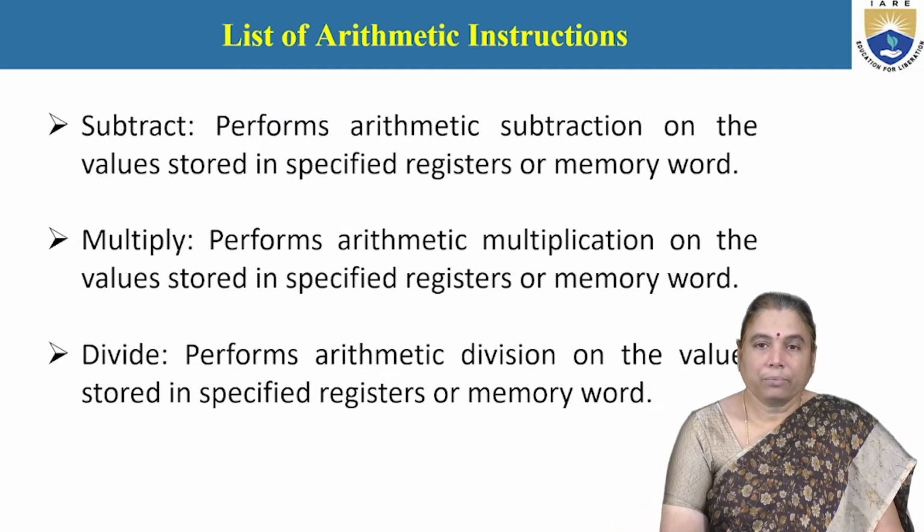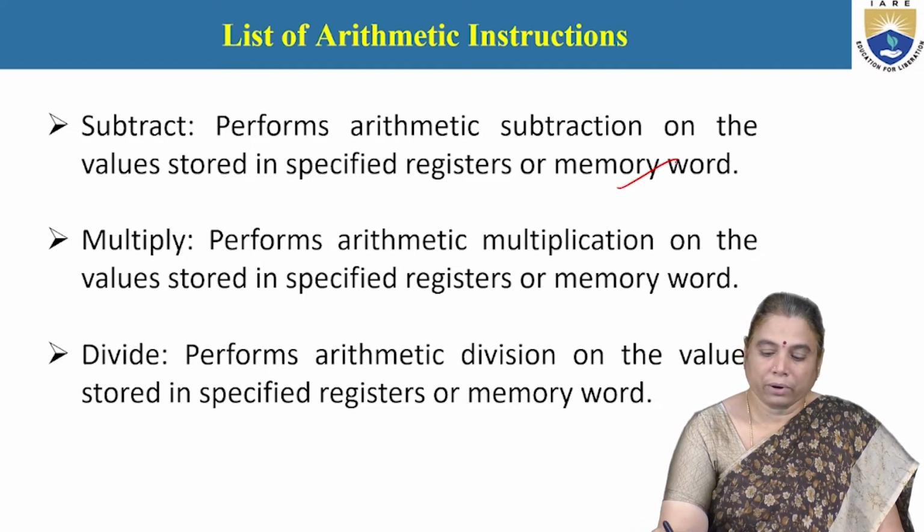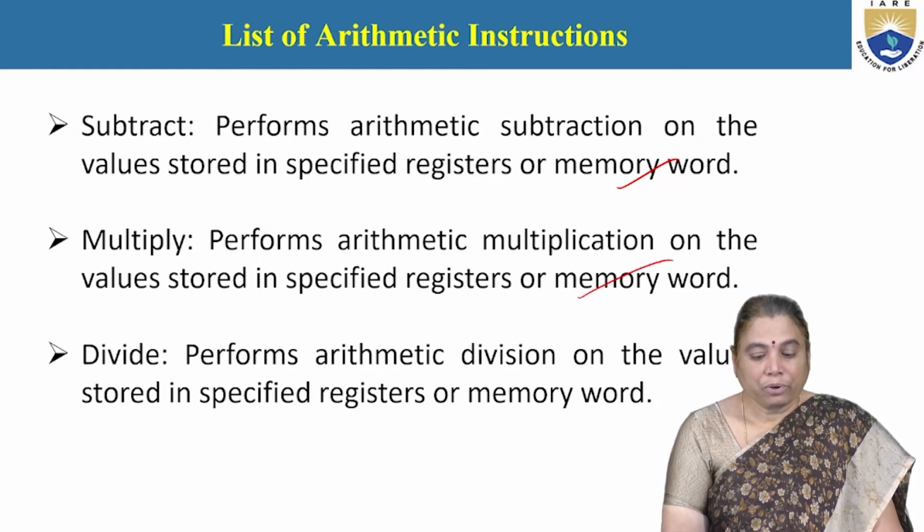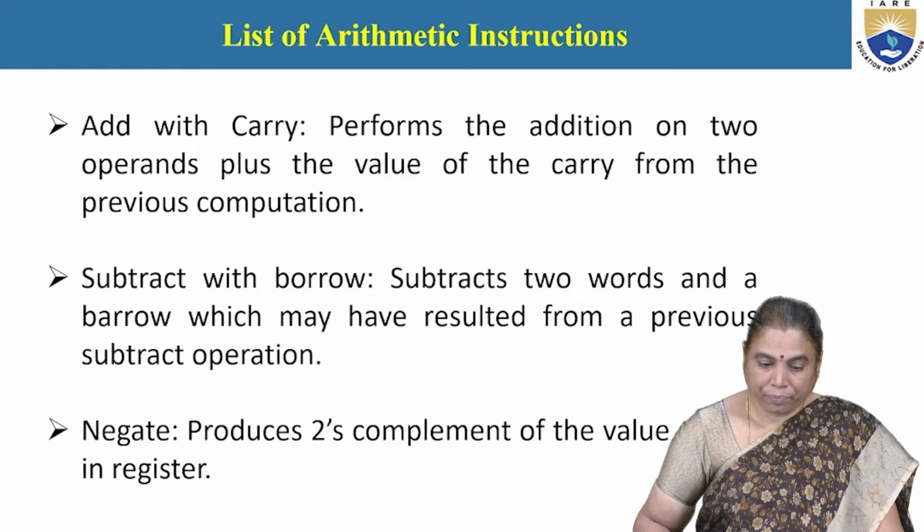Next, subtract performs arithmetic subtraction on the values stored in specified registers or the memory word. Multiply performs arithmetic multiplication on the values stored in the specified registers or the memory word. Divide performs the arithmetic division on the values stored in the specified register or memory word.